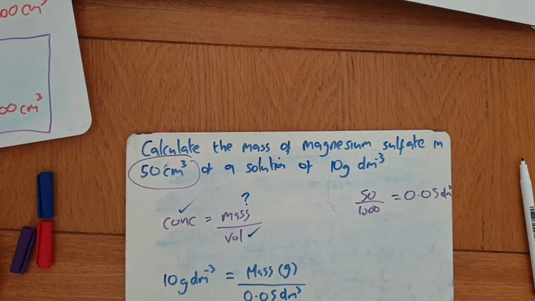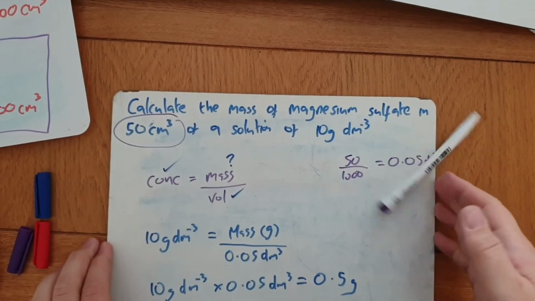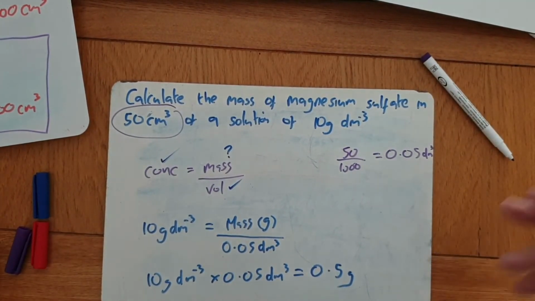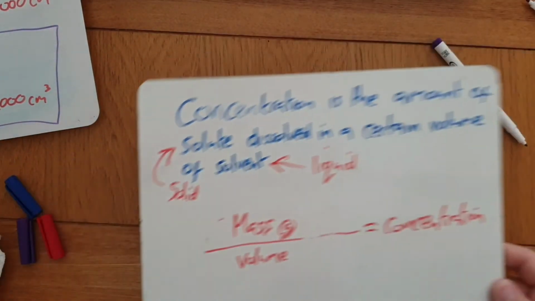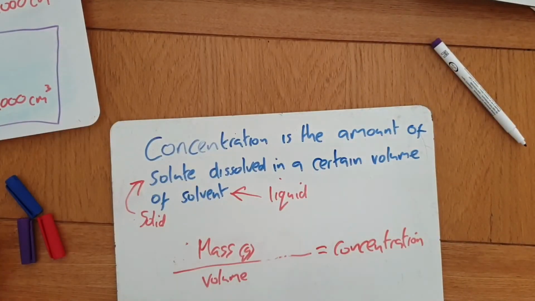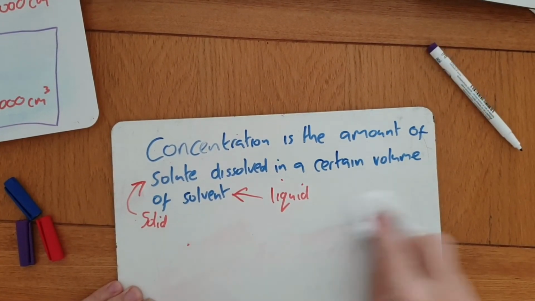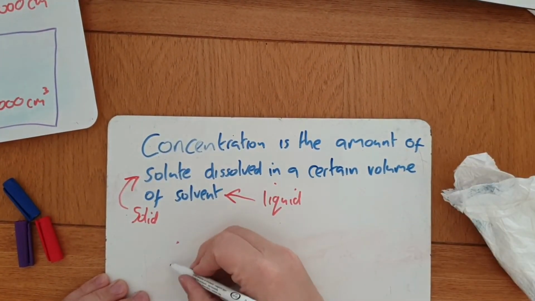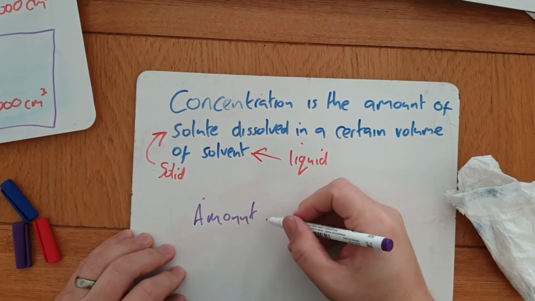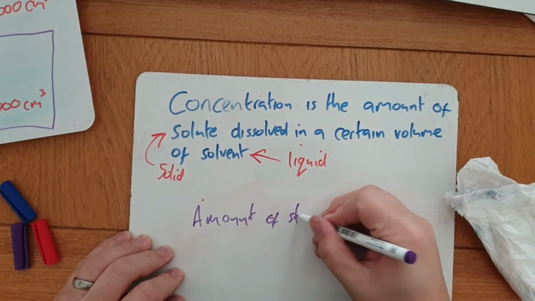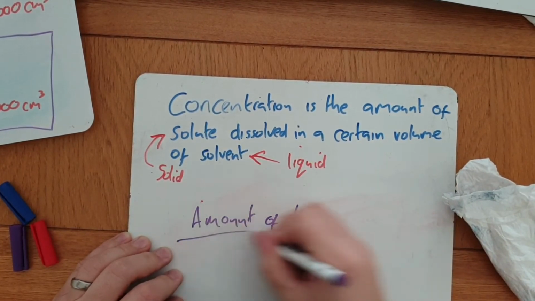Okay. Right, the next step, if we go back to the very start, where I was talking about concentration, I wrote it as the amount of stuff divided by volume.